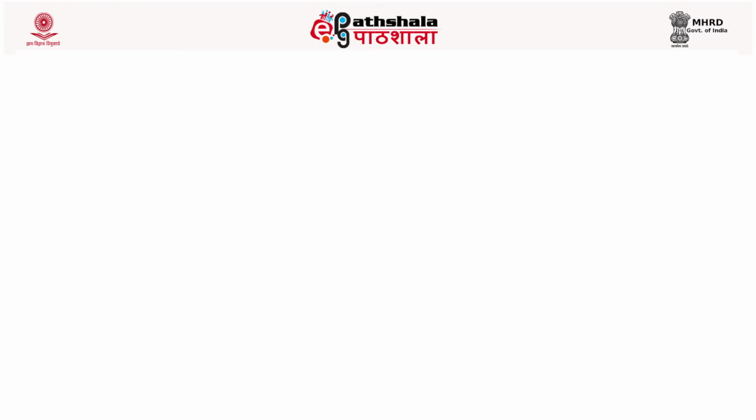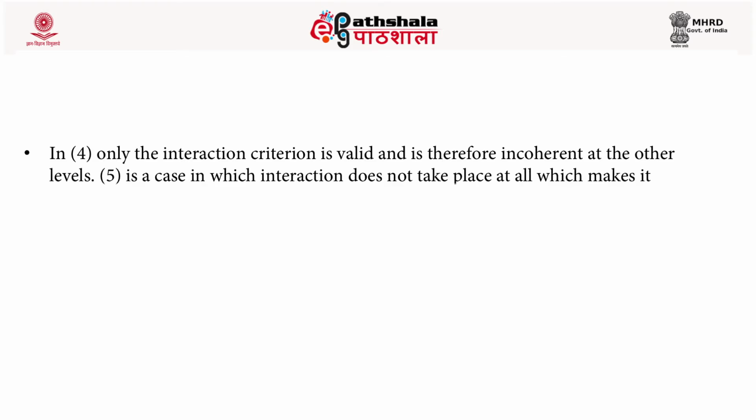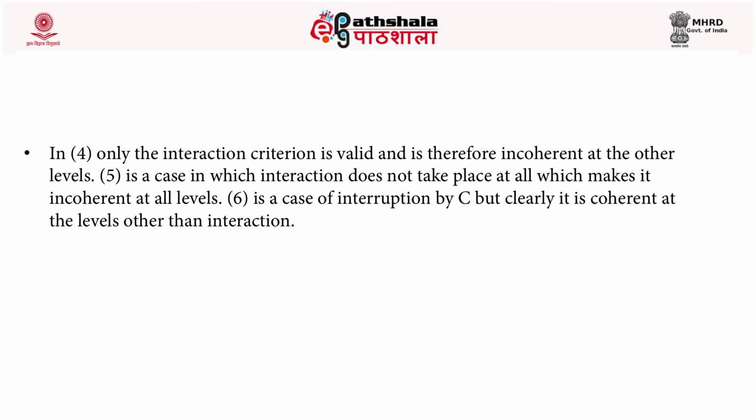In 4, only the interaction criterion is valid, and it is therefore incoherent at the other levels. 5 is a case in which interaction does not take place at all, which makes it incoherent at all levels. 6 is a case of interruption by C, but clearly it is coherent at the levels other than interaction.